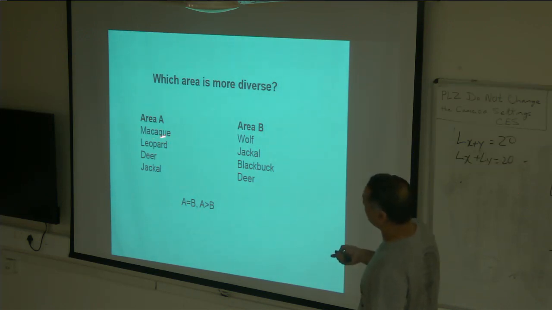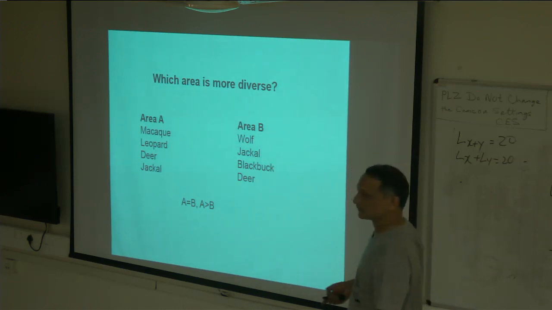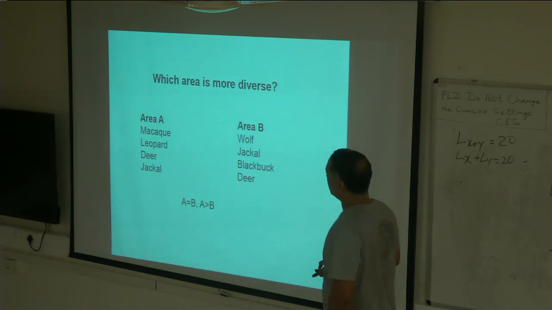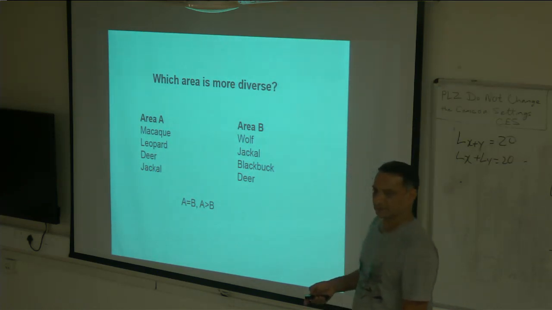Yeah. So they are phylogenetically very different. So there's a primate here. There is a canid. There is an ungulate, and that's a felid, and that's a canid, right? Whereas here they're all canids and ungulates. That's it, right? So phylogenetically these are more distantly related.